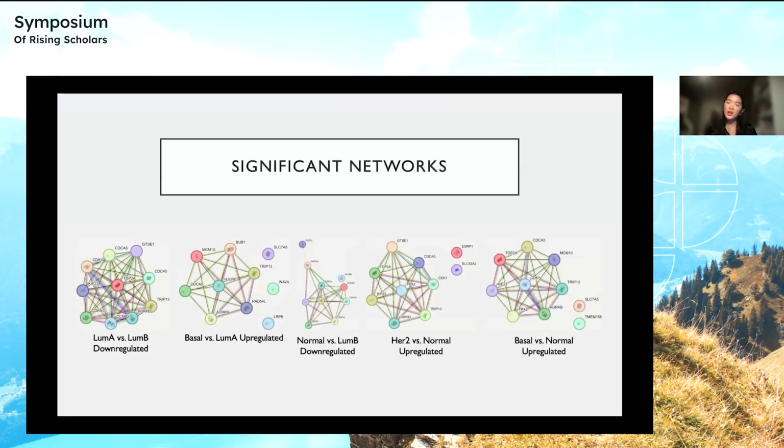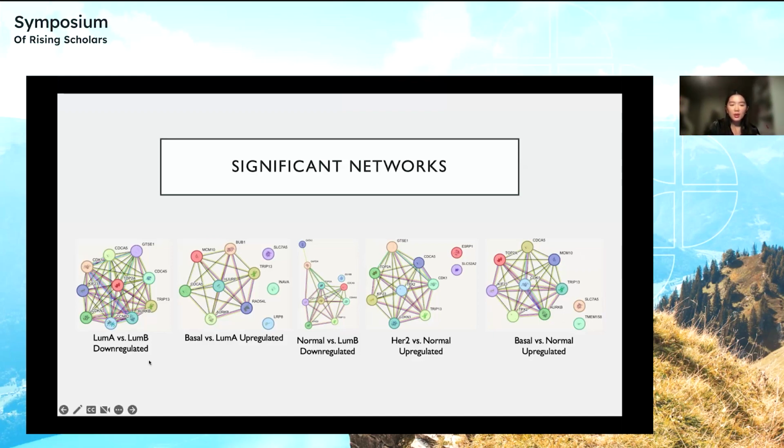Since there were 10 comparisons, I decided to mainly look at 5. These 5 had the most significant connections. As you can see, there's a lot of lines between each of the genes. Each little circle represents a gene that was highly differentially expressed in one of the comparisons.